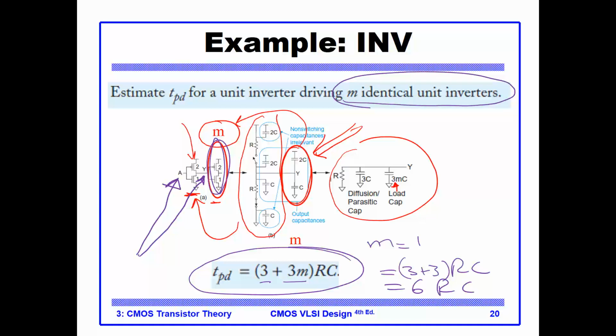The unit inverter is always an inverter with the PMOS of size 2, W over L equals 2, and for the NMOS, W over L of size 1. That is the definition of a unit inverter.